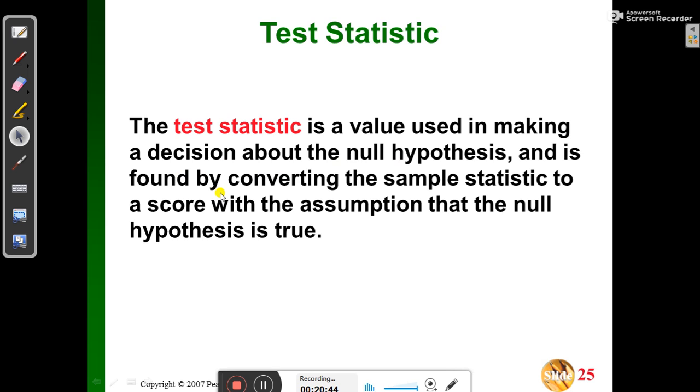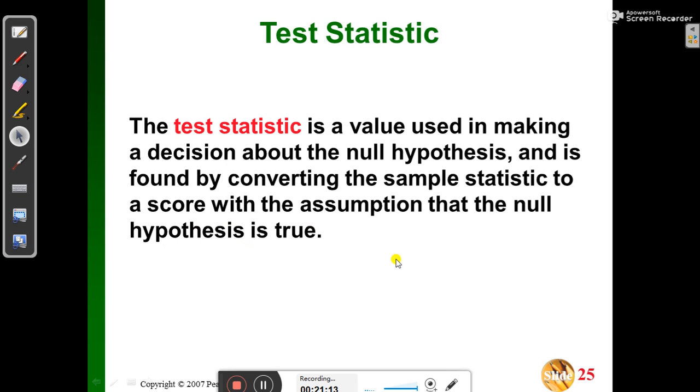The decision about the null hypothesis can be made by converting the sample statistic, whatever statistic we can gather from the sample, to a score. It might be the mean, or something else, but we need to convert the sample statistic to a score with the assumption that the null hypothesis is true.